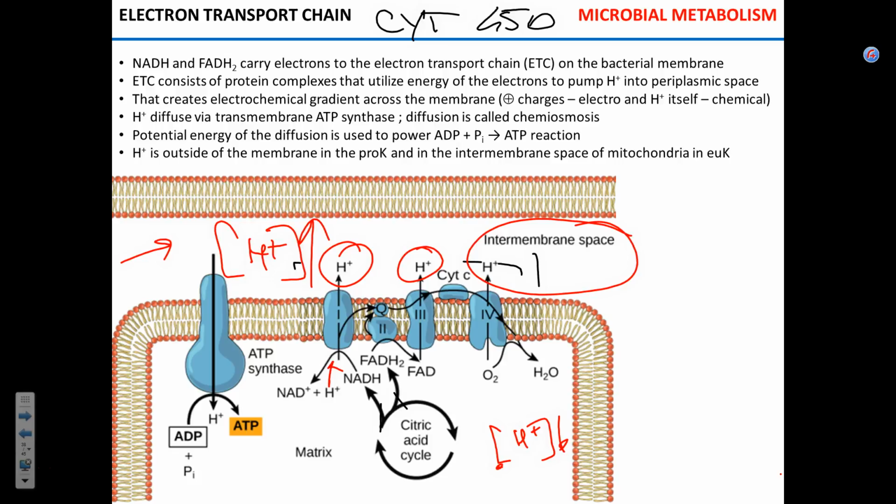Great. Now this gradient is both chemical, because hydrogen ions are chemicals, and electrical, because you have more positive charges here than here. So those pumps, by pumping hydrogen ions across the membrane, create an electrochemical gradient.